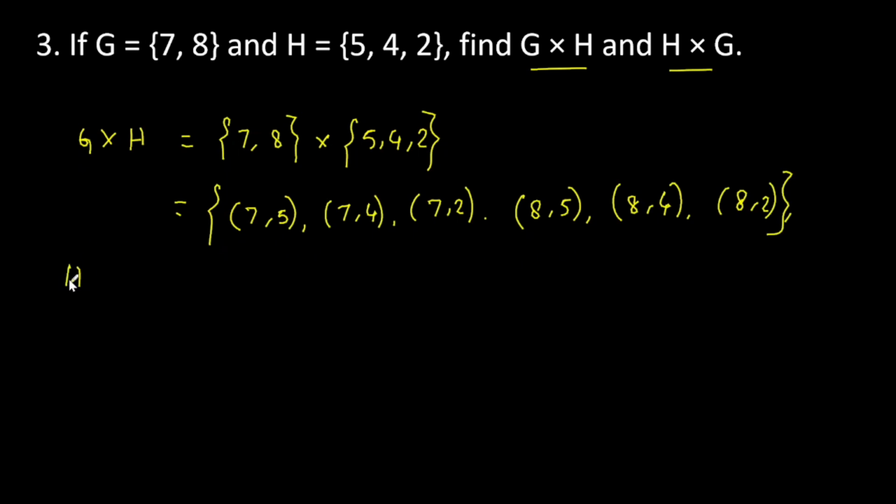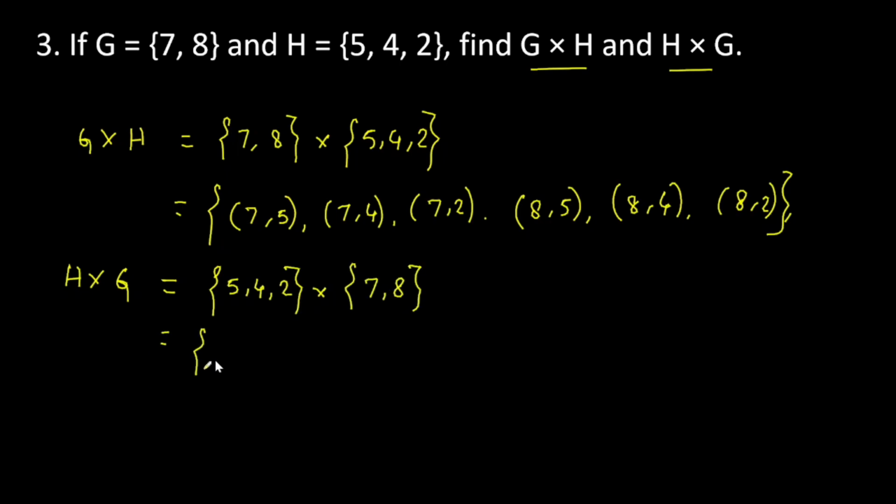Now we have to find H cross G. First we will write the elements of H, 5, 4, 2, cross G, 7, 8.